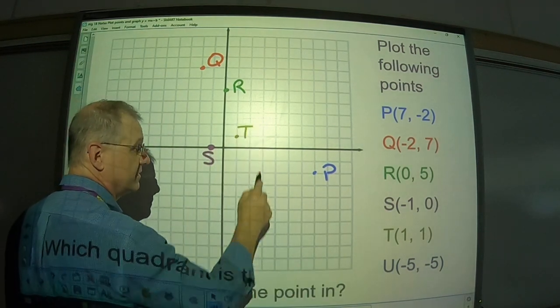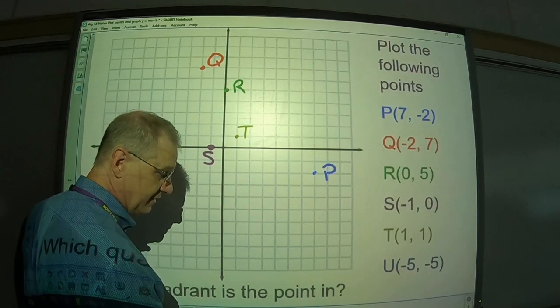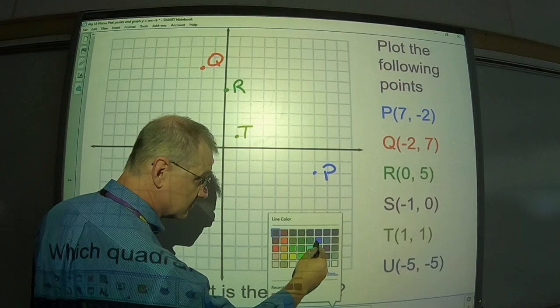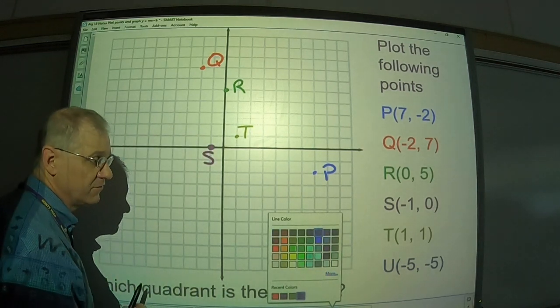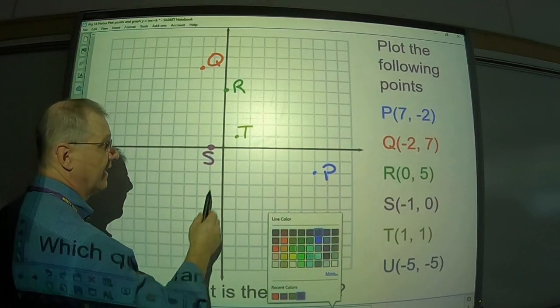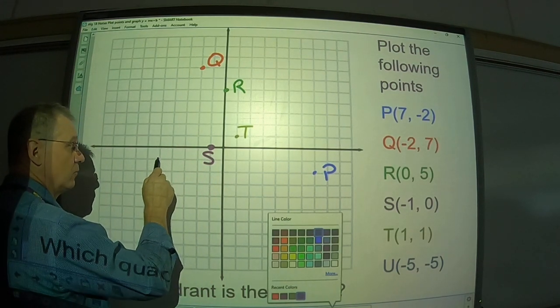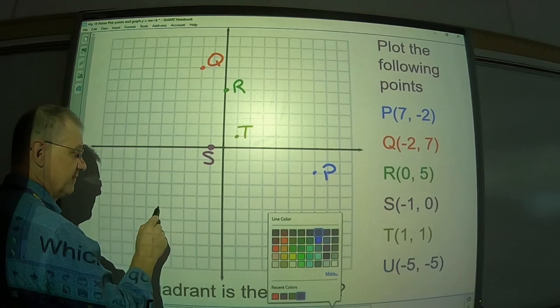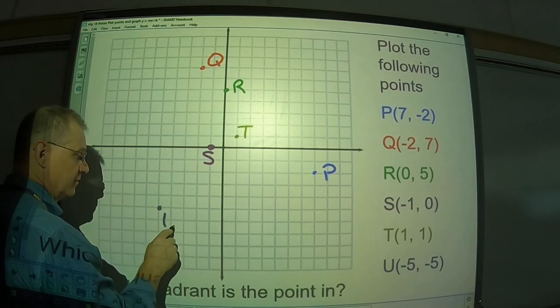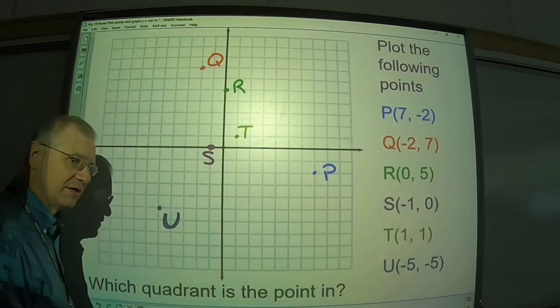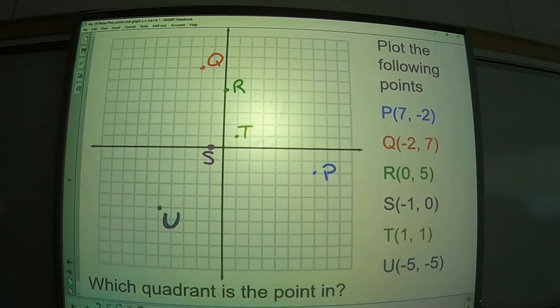So there's your T. And finally, U, let's see, that was this one. U is negative 5. 1, 2, 3, 4, 5 towards the left, and down 1, 2, 3, 4, 5. And there's your U, capital U. Capital letters for each of these.